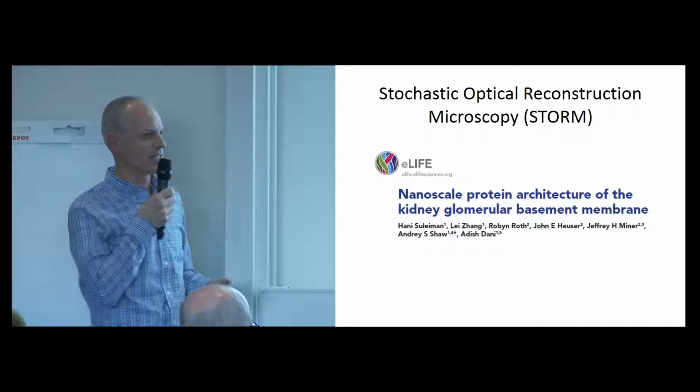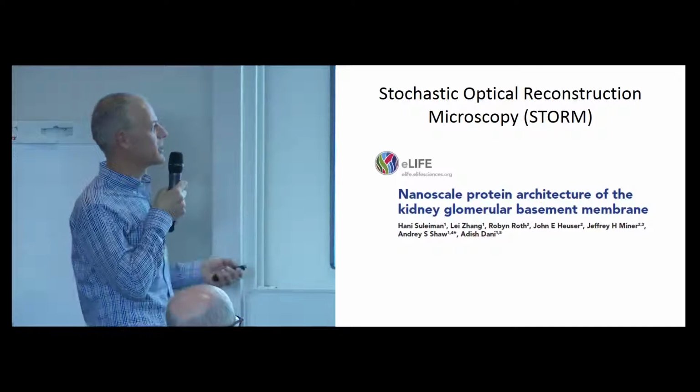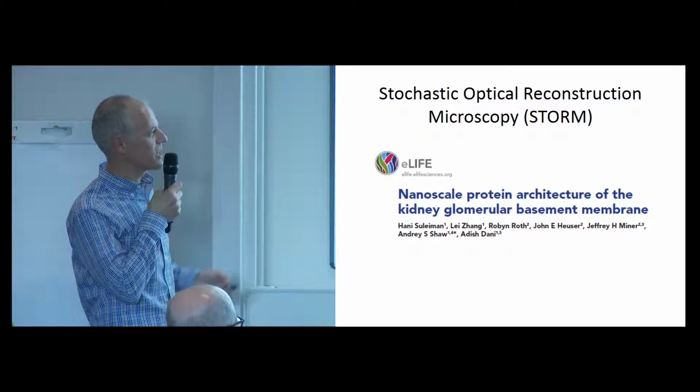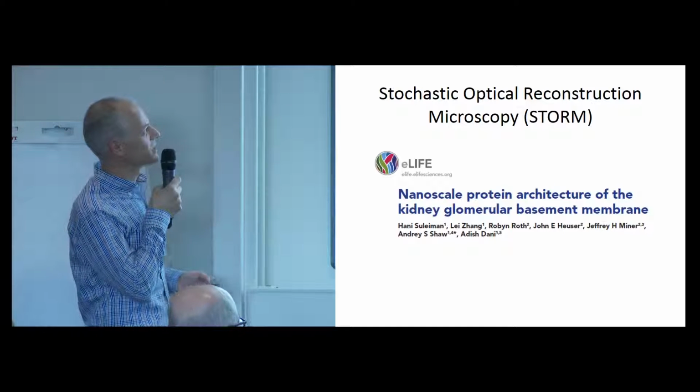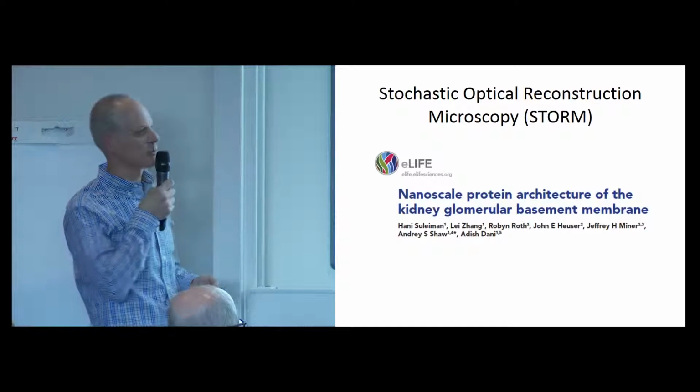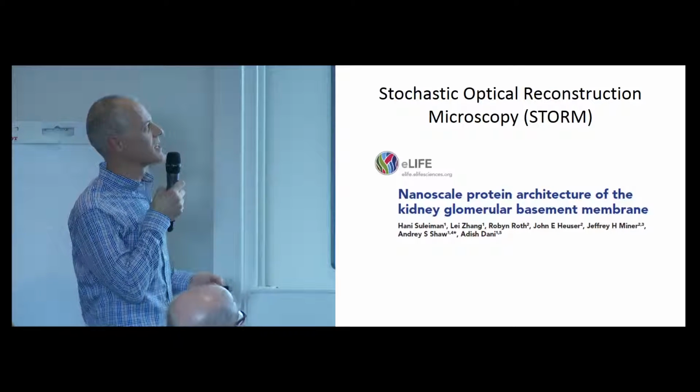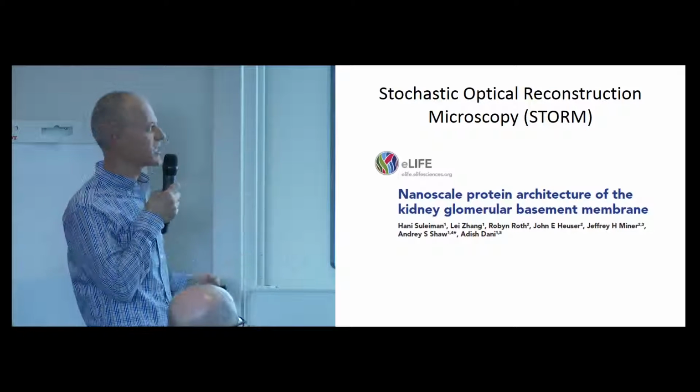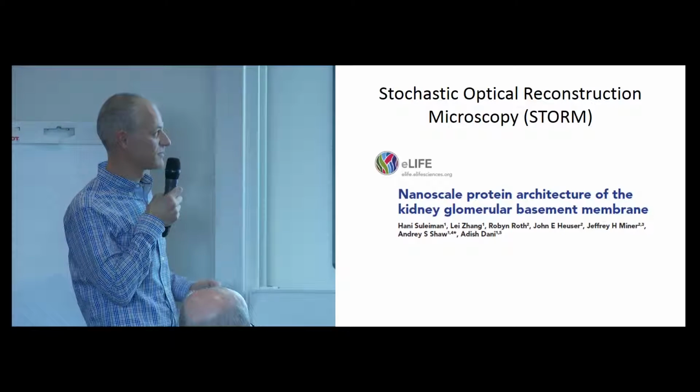This is a question that my lab and collaborators at Washington University, Andre Shah and Adish Dani, addressed using a new super resolution microscopy method to look at the location of individual proteins within the glomerular basement membrane.